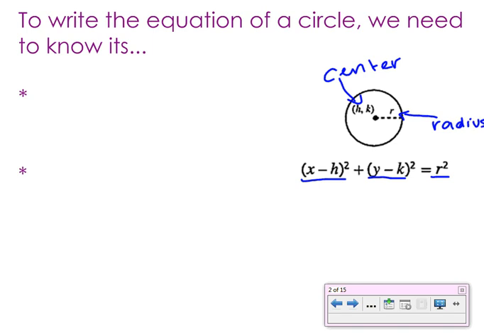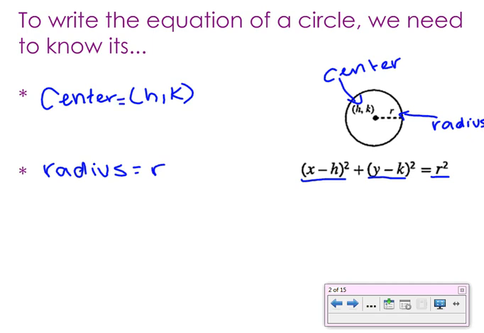So the two pieces of information that we always have to know about a circle is going to be its center, which is h, k, and its radius, which is r.